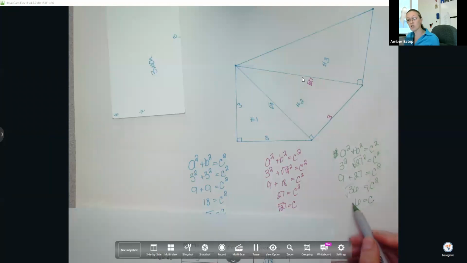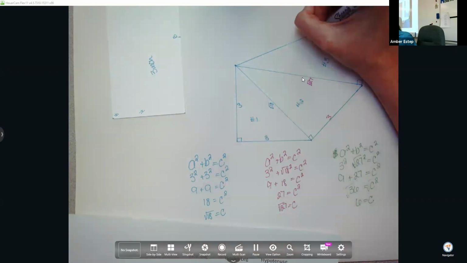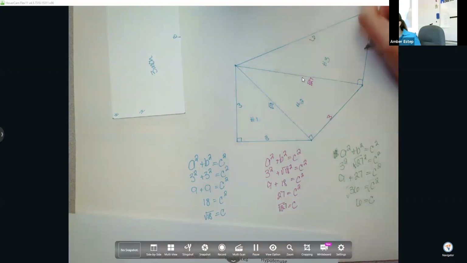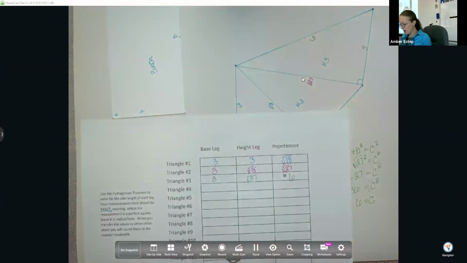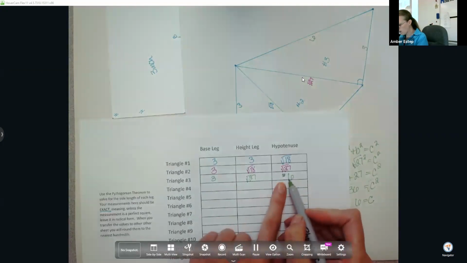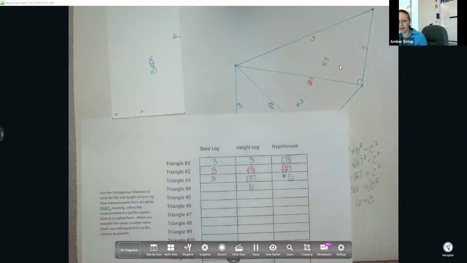This one I can do because 36 is a perfect square. So we put 6 right there. So I know that the hypotenuse of that triangle is 6. Because the hypotenuse of this triangle is 6, that means the height of the next triangle will be 6. You will notice that pattern.